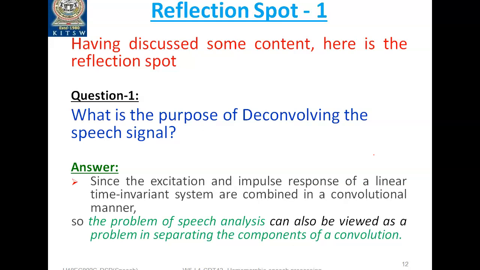The main purpose of deconvolving the speech signal is that the excitation and the impulse response of a linear time invariant system are combined in a convolutional manner. Therefore the problem of speech analysis can also be viewed as a problem of separating the components of a convolution.